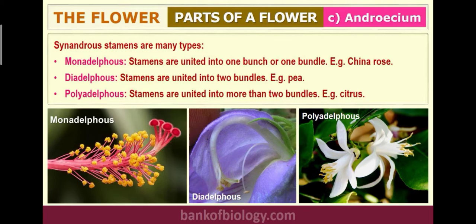And stamens united in more than 2 bundles, as in citrus. ठीक है, एक bundle में है. As you see in the monoadelphous, एक bundle में arrangement है उसका, जो yellow color के flowers हैं. So they are called monoadelphous. And 2 bundles में arrange है तो diadelphous, और more than 2 bundles में arrange है तो polyadelphous.